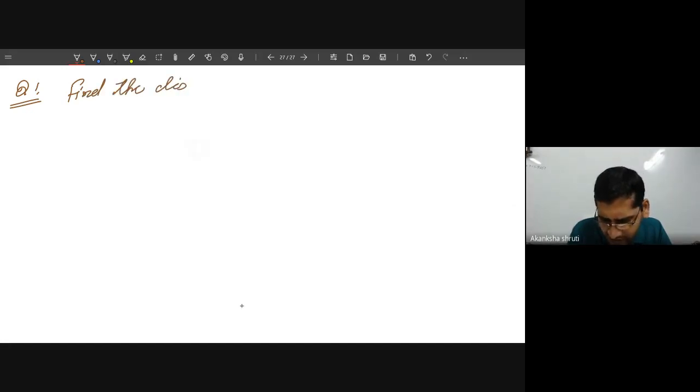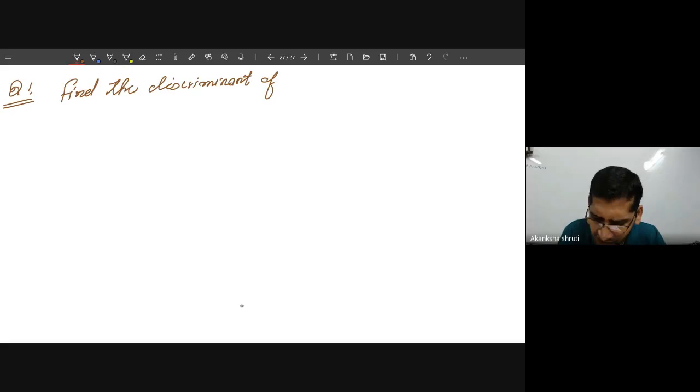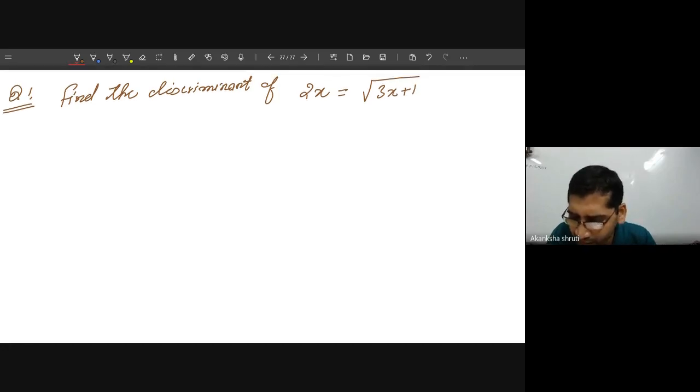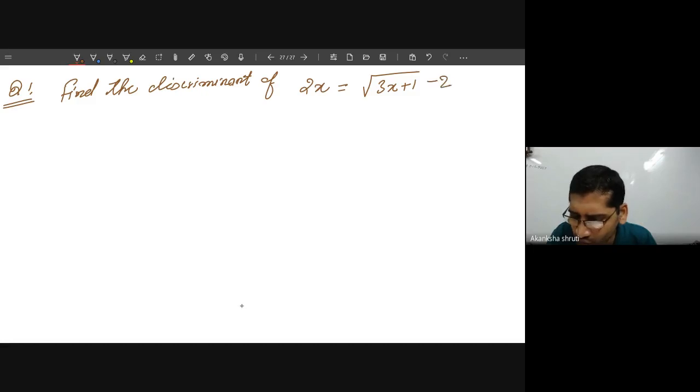So the question was like this: find the discriminant of this, 2x is equals to under root of 3x plus 1 minus 2.